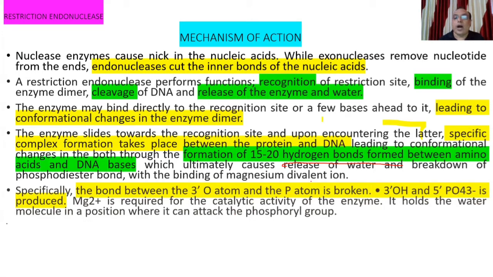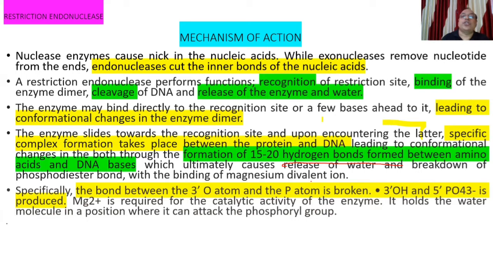Magnesium ion, so after the entry of the enzyme, when the enzyme reaches its active site, hydrogen bonds will be formed between the enzyme and the DNA, and these hydrogen bonds will lead to the change in the three-dimensional structure, the stereoscopic changes in both the enzyme as well as the DNA.